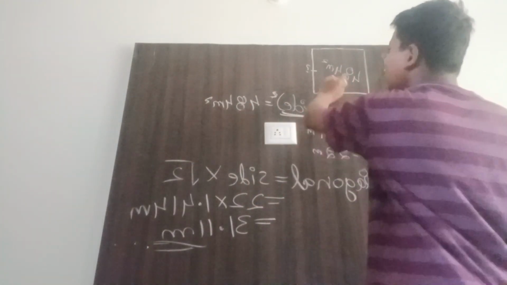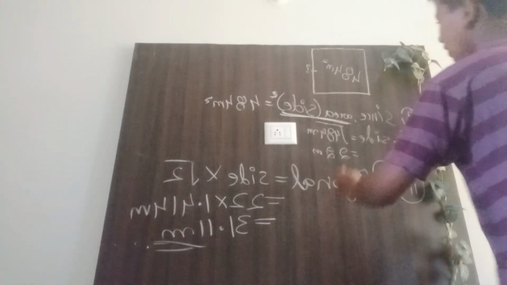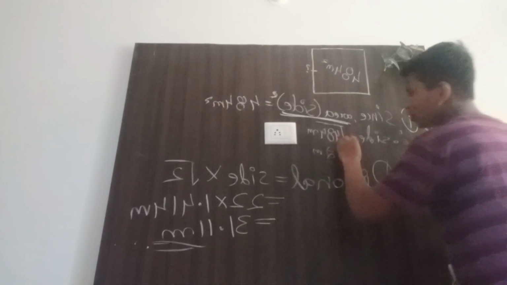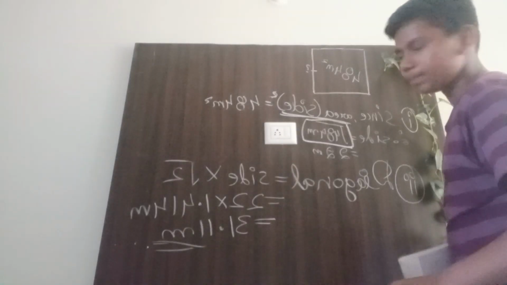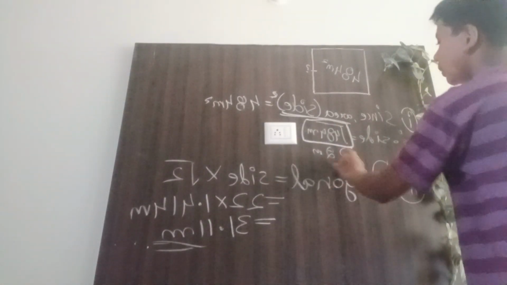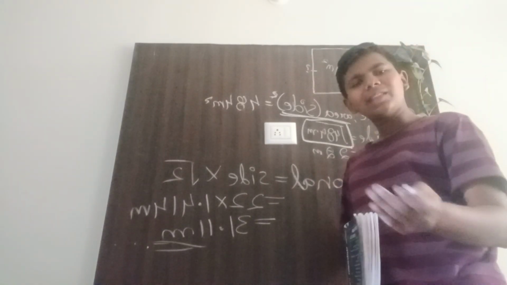Then we have to find one side of it, so the side equals root of 484 meter. The root of 484 is 22. If you want confirmation, multiply 22 two times, then you will get the answer.